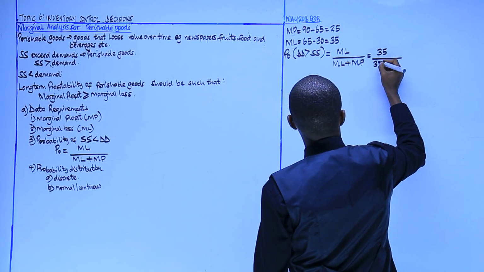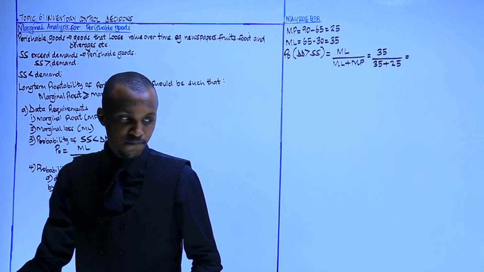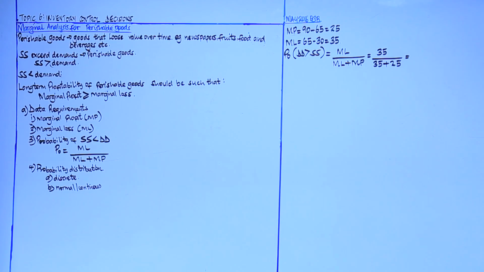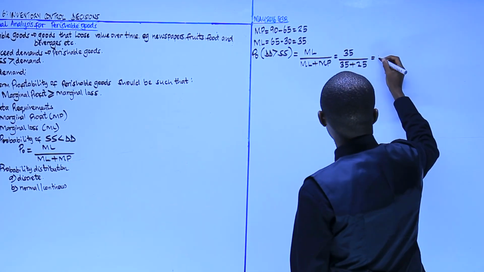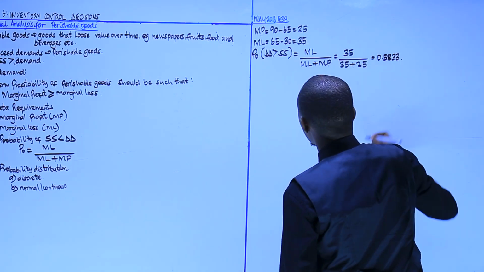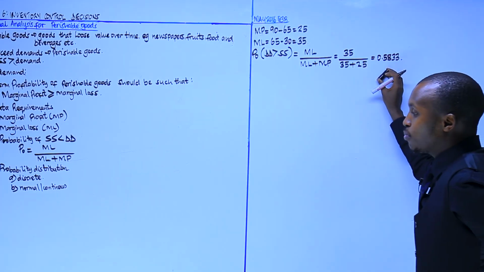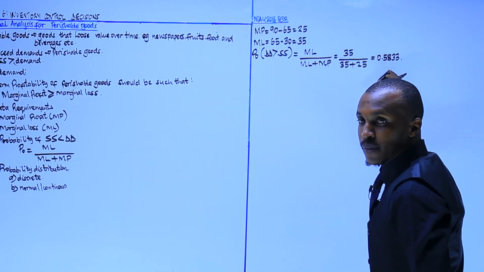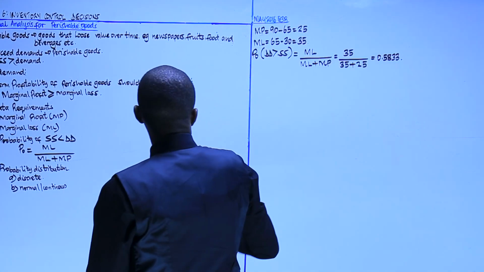Then 35 plus 25. That gives 0.5833. So the probability of demand exceeding supply is 0.583. Then they're telling us to assume that our distribution is continuous.